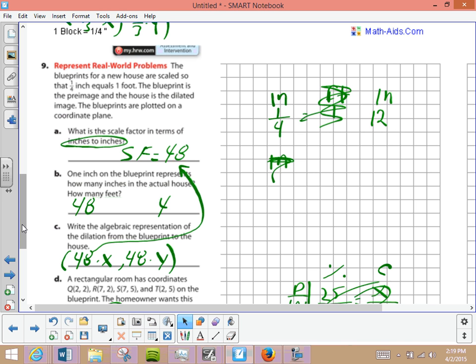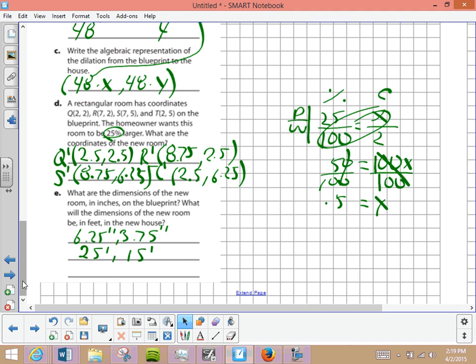No, I'm waiting for you to tell me how you got these numbers. How do you get 6.25 and 3.75? Because half the class doesn't know. Yes, you're supposed to use the answers from D to get that answer.